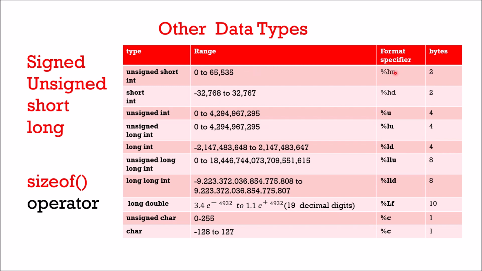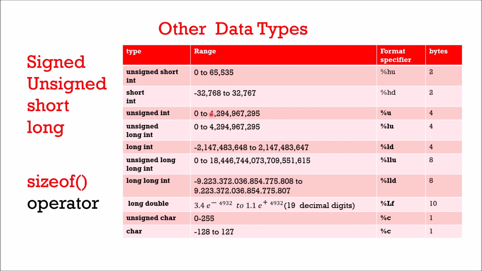This U usually in the format specifier stands for unsigned values, just like in here. Okay, the next one is unsigned int. A normal integer value will have this range of values. These are the negatives, the positive side. But if you decide that it won't be taking negative values, that is, it will be unsigned, there you have it.